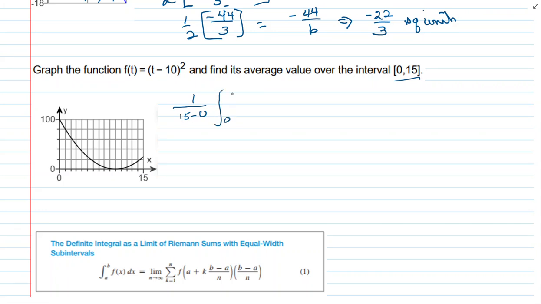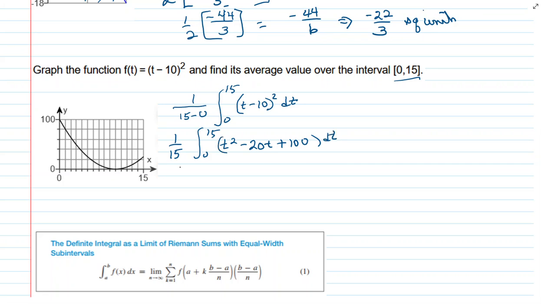Of 0 to 15 of, and this is in t, squared dt. We're going to do FOIL, squared minus 20t plus 100 dt.